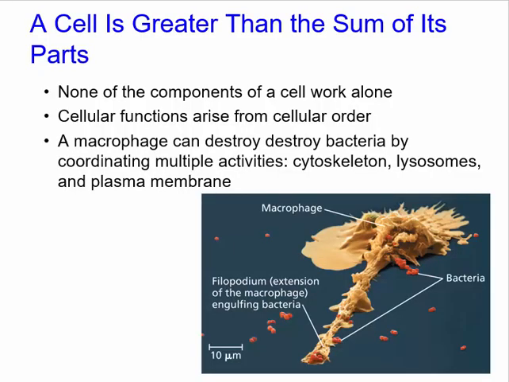All right, so let's just bring this back around to some of our bigger, broader themes here. We've talked about the individual pieces and parts of cells in this chapter, but we got to bring it back to that idea of emergent properties. So the cell is greater than the sum of its parts, right? These components we talked about aren't working alone. They interact with one another.